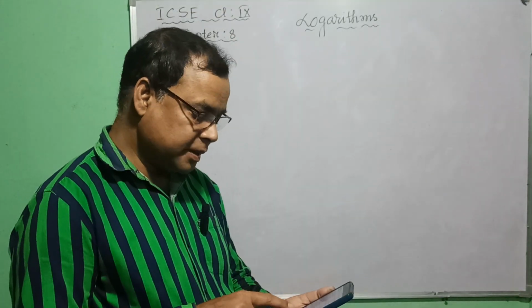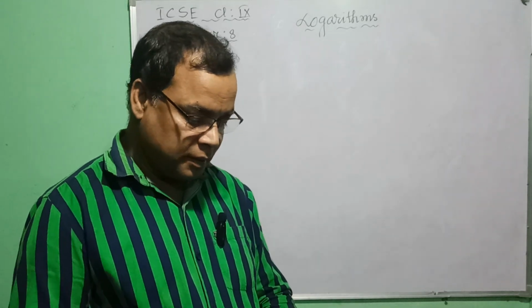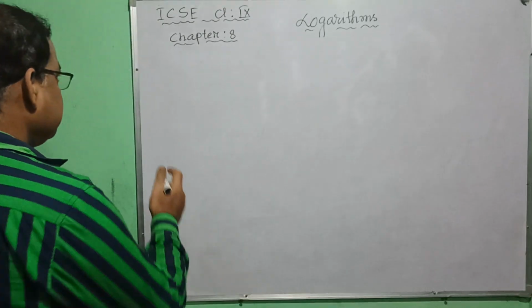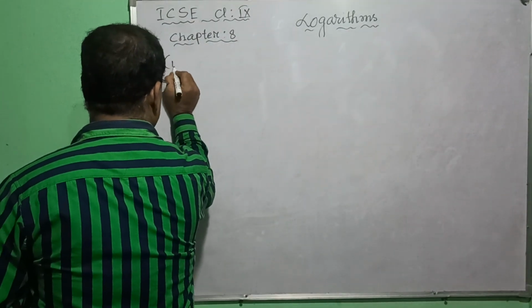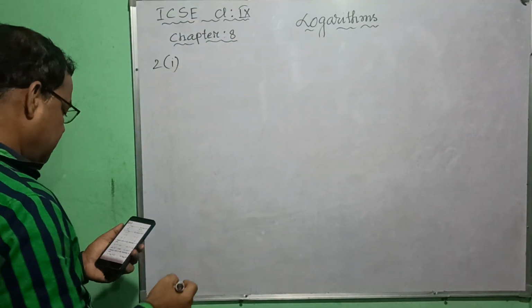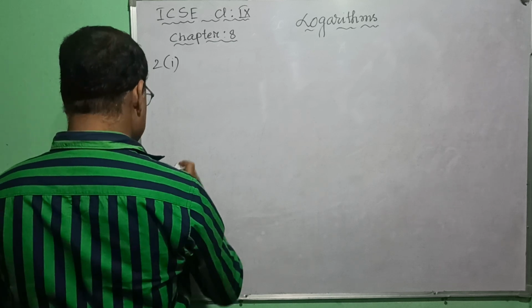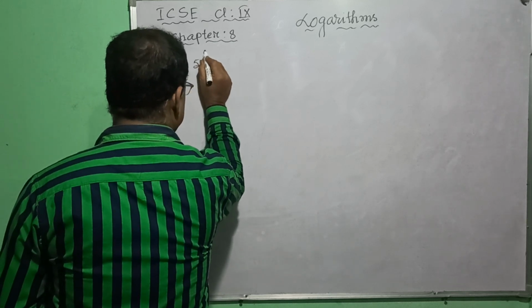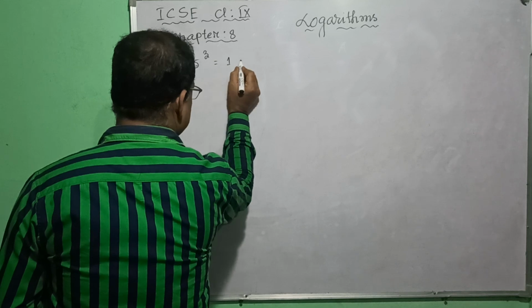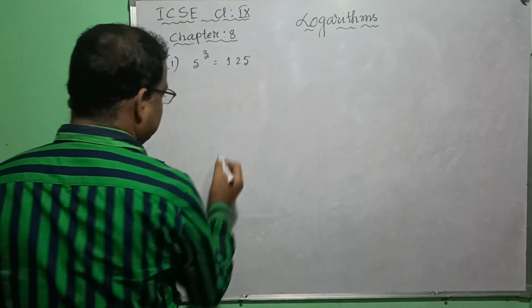In question number 2, it is given: express each of the following in logarithmic form. In number 1, it is given 5 cube equal to 125.